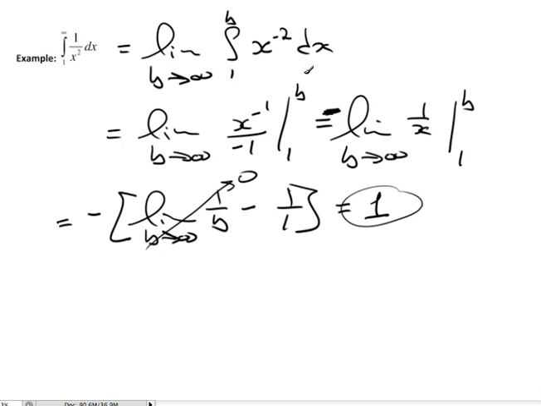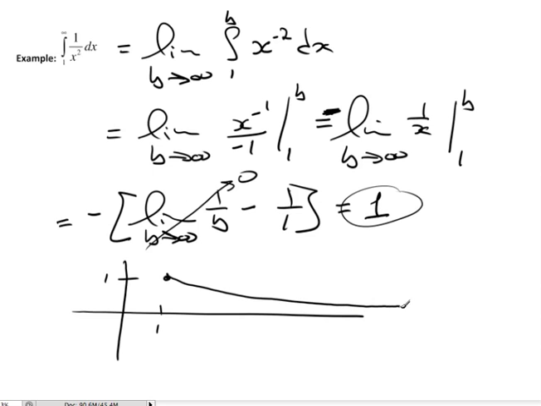What that brings up, and we'll get into it later in the course, if you look at the graphs of these, here's 1, here's 1. If this is 1 over x, it goes like that. 1 over x squared will also start here, but it goes to 0 faster. Both of them asymptotically go to 0. But what this is actually saying is that there is a finite amount of area between this curve and the x-axis as I go to infinity.